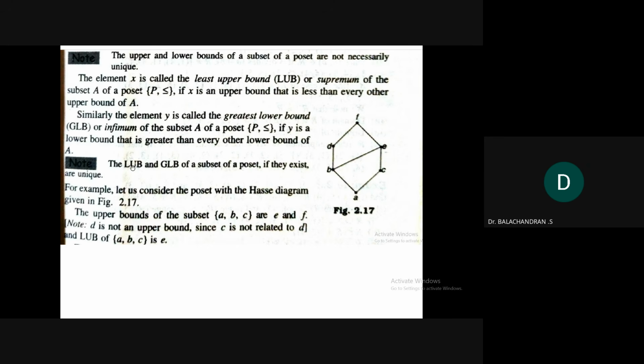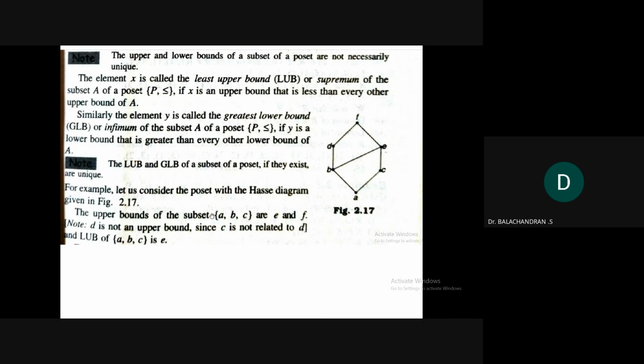Note that the LUB and GLB of a subset of a poset, if they exist, are unique. For example, let us consider the poset with the Hasse diagram given in figure 2.17.